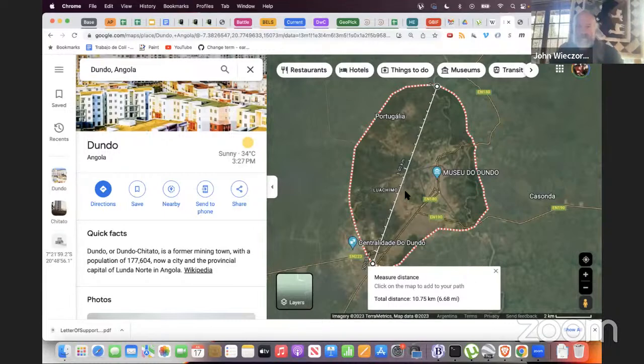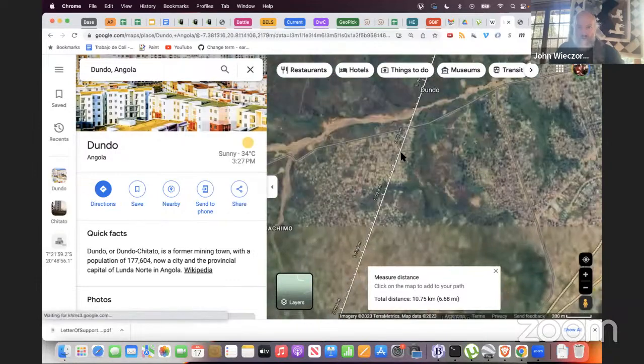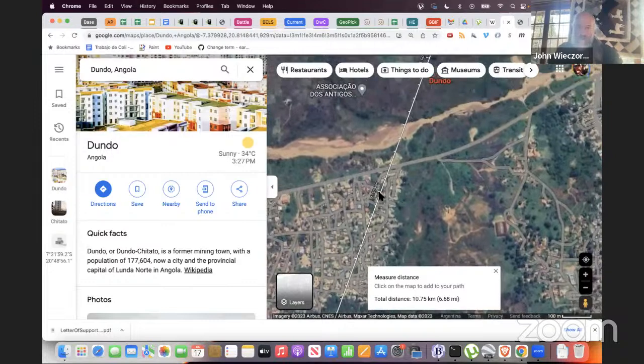Now, where's the center? We can find that by zooming in on 5.38. Here's 5.5, 5.4, 5.3. Sorry, I'm going the wrong direction.